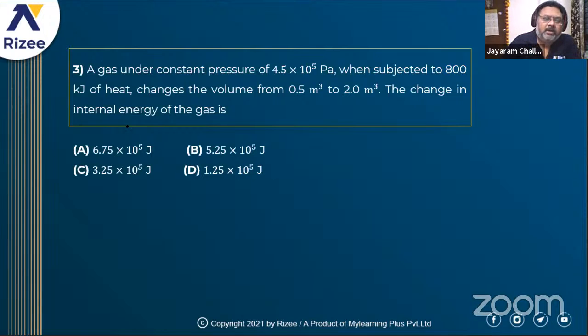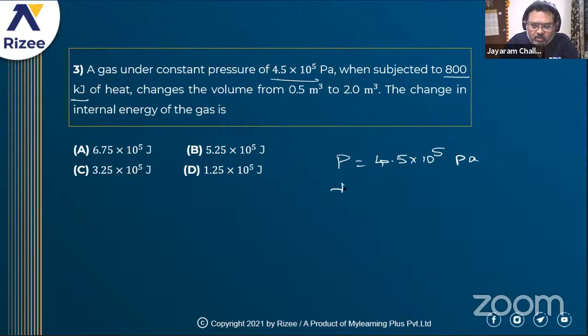So next case, a gas under constant pressure, that is 4.5 into 10 to the power of 5 pascals, is subjected to 800 kilojoules of heat. So the given pressure is 4.5 into 10 to the power of 5 pascals, and it is subjected to heat, Q, or dq, which is 800 kilojoules, or we can write it as 800 into 10 to the power of 3 joules.